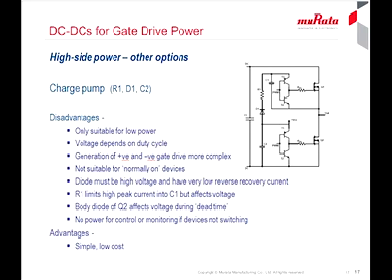A very simple way to generate high side voltage rails is the so-called Bootstrap or charge pump circuit. Although it is simple and cheap, the problems are that only limited power is available from the stored charge on C1, and the voltage on C1 depends on the main switch duty cycle.